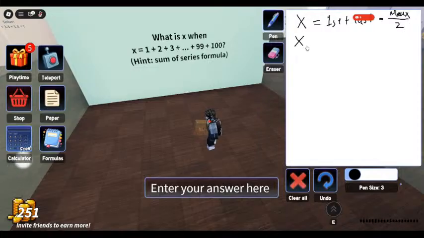So x is 1 plus 100, first and last. First is 1, last is 100, so then 101. What's the max? 100. That's the last number, divided by 2. X is equal to 101 times 50.